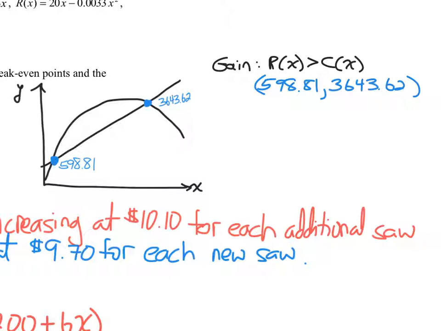Now, in terms of the loss, operating at a loss would be everything else. So where cost is less than revenue. Oh, I just wrote the same thing, just in a different way. That was so stupid. That's a Monday morning mistake on a Friday.